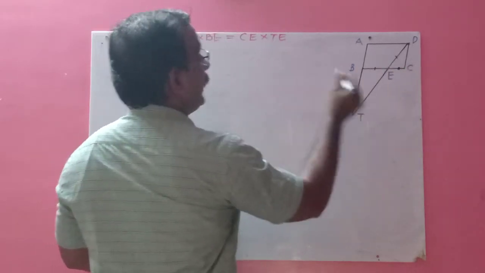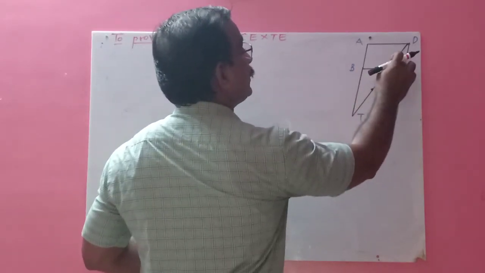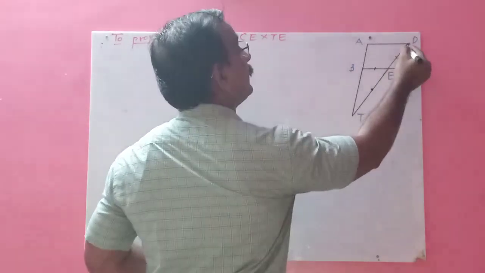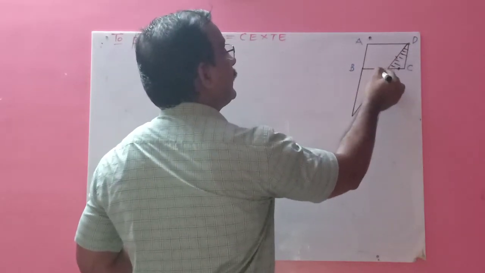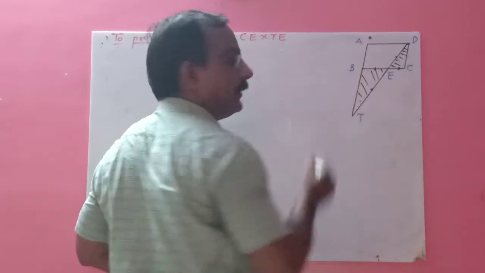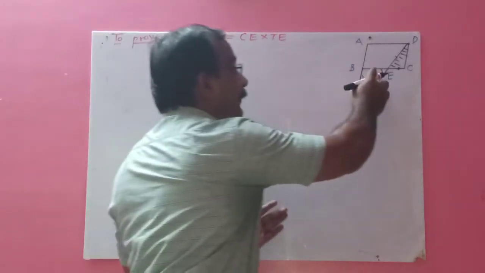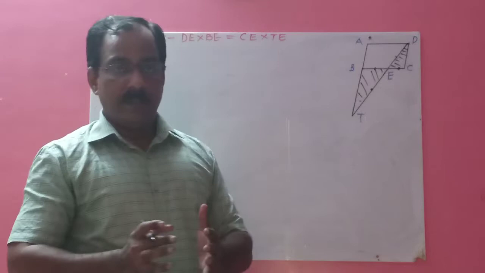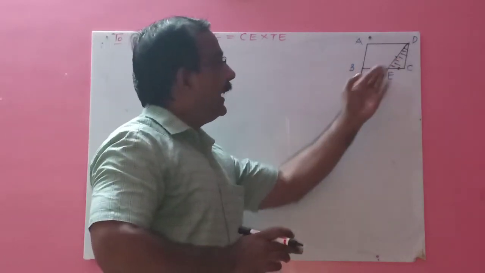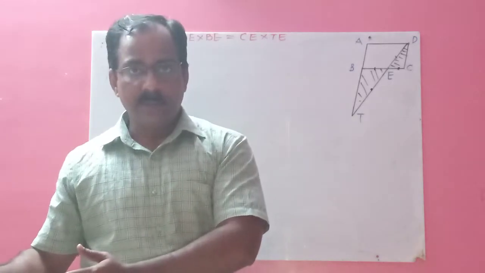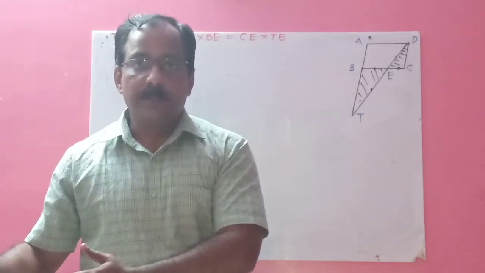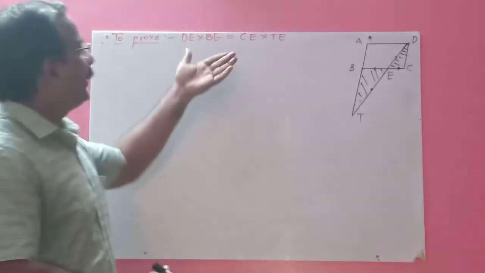Okay. TE means these two sides are present in this triangle and these two sides are present in this triangle. So if you prove these two triangles similar, what will you get? Their sides in proportion, and once you get sides in proportion, cross multiply, you will get your answer.